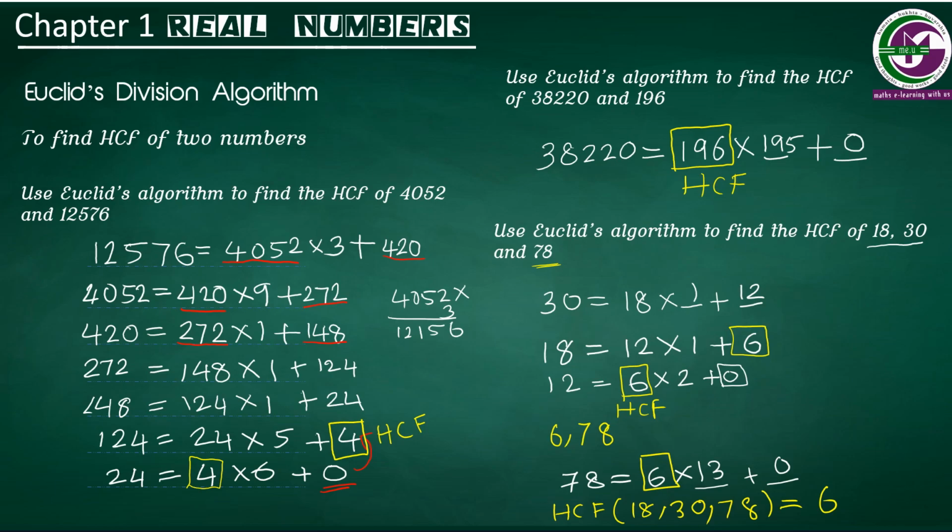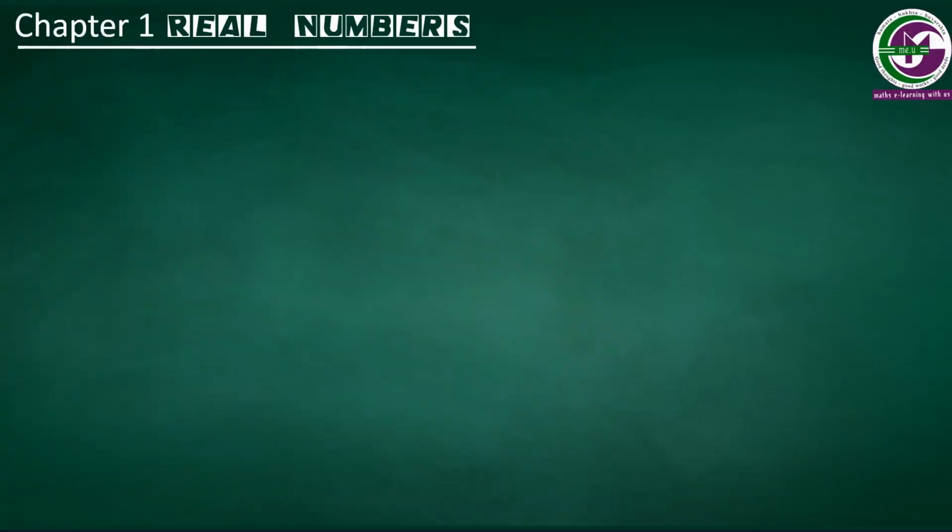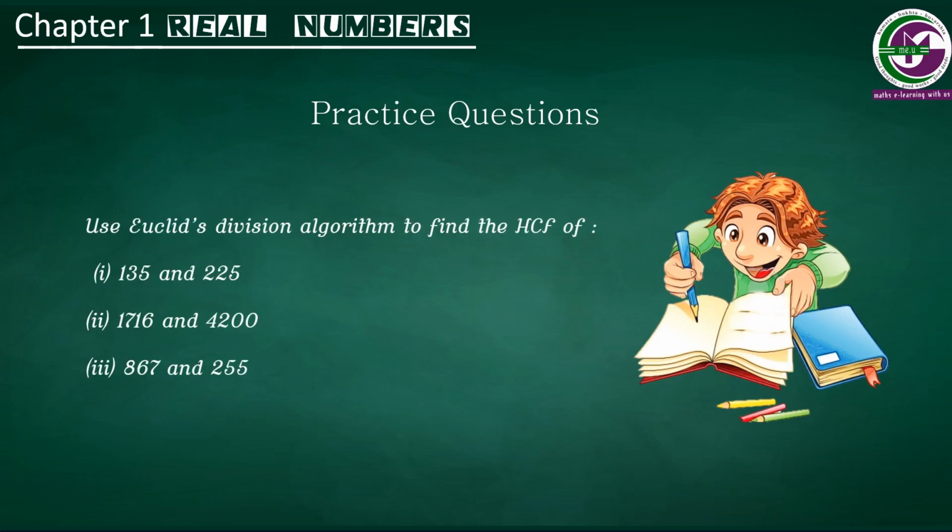You can send the answers in the chat, and we'll reply to that. Okay. So these are the practice questions. Very simple, 3 questions. Take a book and do it now itself. Remember, to learn math, the only way is to do math. And all the answers will be displayed in the next video. And also I will reply to your chat answers.